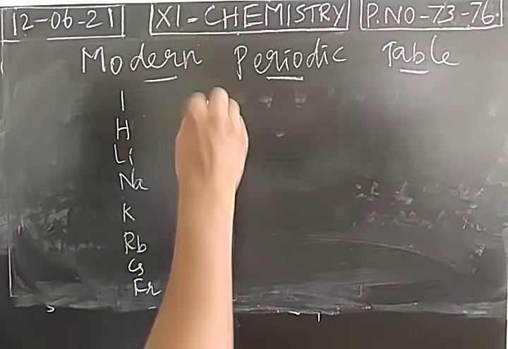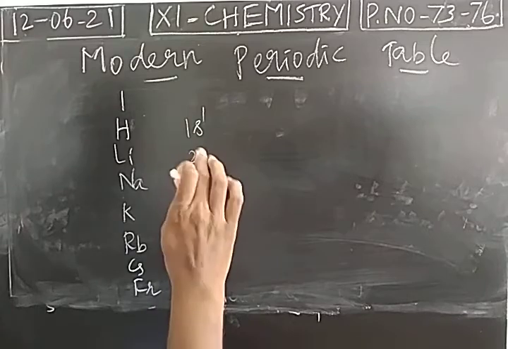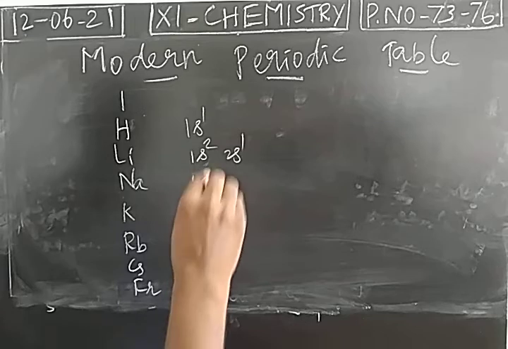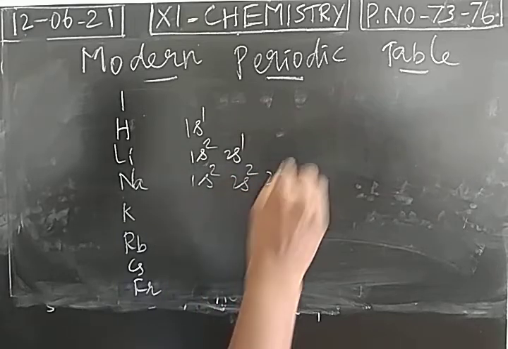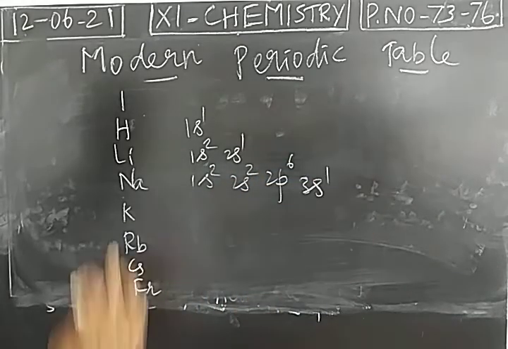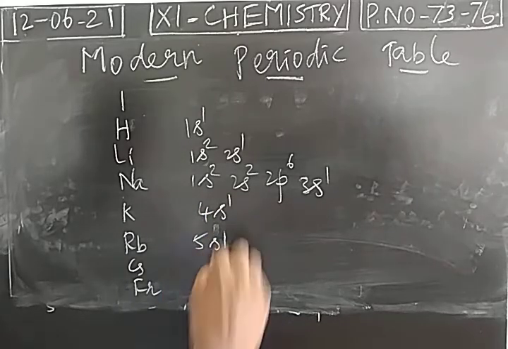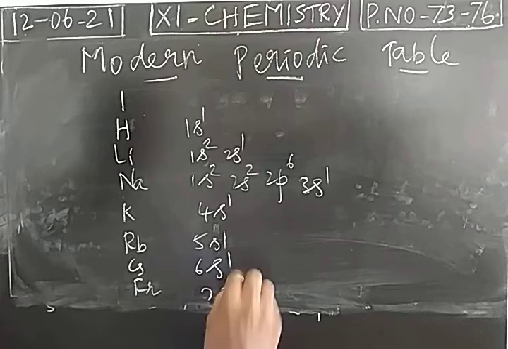This will be 1s1, 1s2 2s1, 1s2 2s2 2p6 3s1. So the outermost orbital will be 4s1, 5s1, 6s1, 7s1.